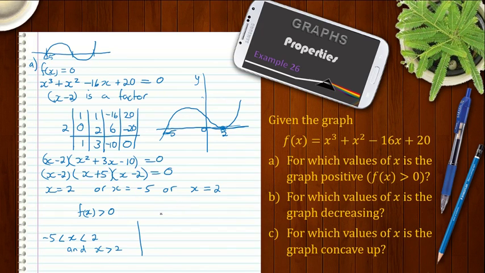Or I could have written it simply as x is greater than minus 5. Okay, so for all the x values from here, not including x, it's positive. See, the graph is above for all those values. But x does not equal 2, because at 2, at that point, it's actually equal to 0.